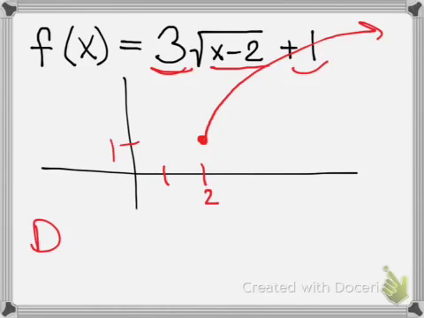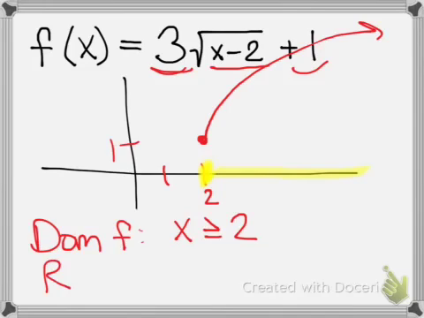So for this function here, the domain of f, the set of all inputs, the set of all x values, well, if you look carefully at this graph, I can plug in positive 2 because of that minus 2 there, and then the graph goes in this direction, so any value over in this direction here is going to be part of my domain, or the domain of this function. So this is x greater than or equal to 2.